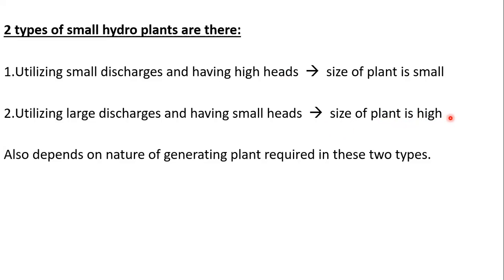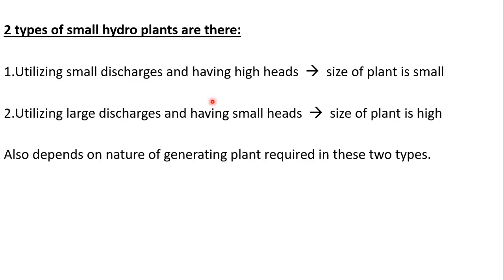So for the second one, where the discharges handled are high, the physical size will actually be high. Also for the latter type, proper arrangement for entry of water and discharge is to be made. So these are the considerations of small hydro power plants.